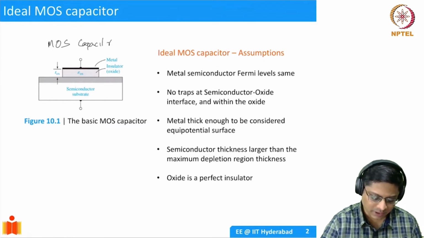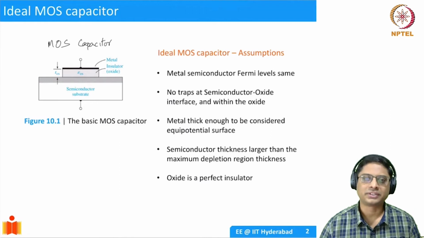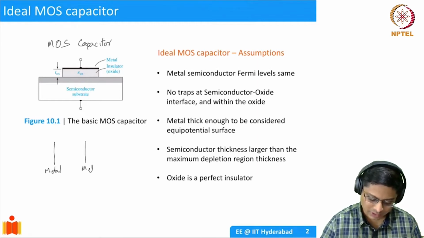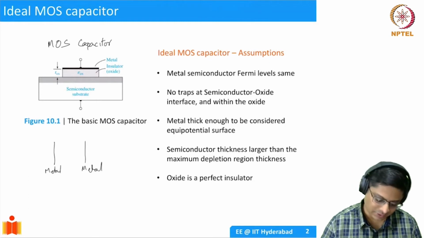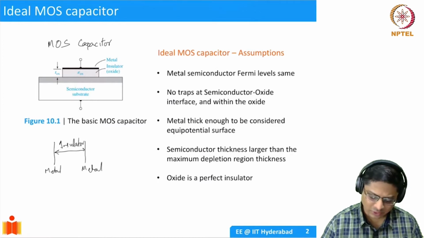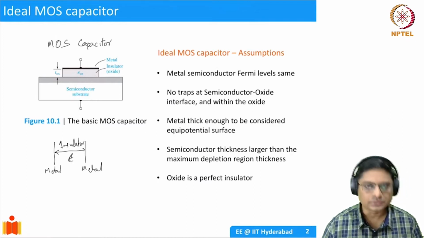Okay, so you're all familiar with the regular capacitors, right? So you have a two-terminal device. Let's say I have two metals, two metal plates separated by an insulator, right? This is an insulator whose dielectric constant could be some epsilon, right?